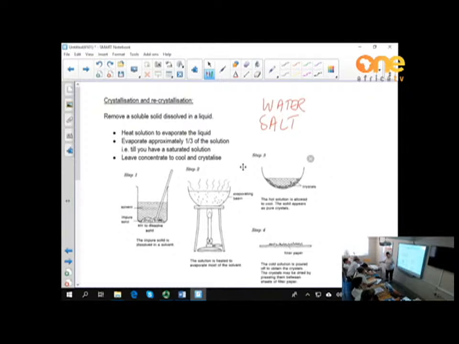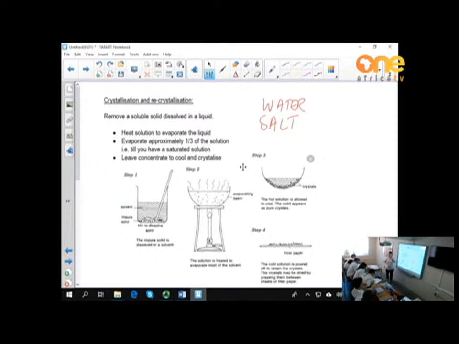I warm up the water, I add some more table salt. It's going to dissolve. Once all the table salt is dissolved in the water, I say to you, now I want you to extract the salt from the water. What are you going to do? We are going to evaporate the water. Will the salt evaporate? No, it's a solid. Solid substances don't just evaporate.